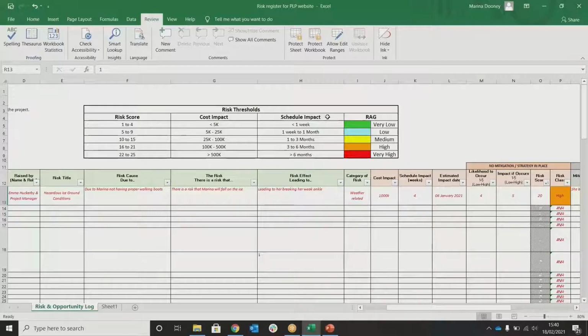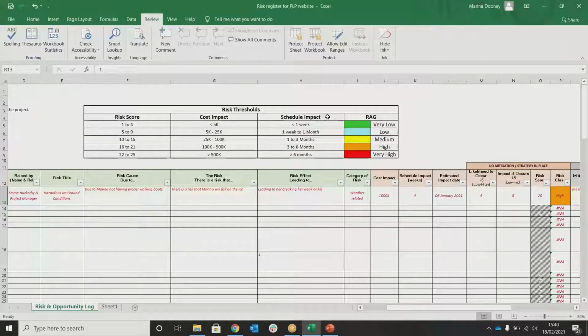In terms of the risk thresholds, if you had, say, a risk that was going to cost under 5k, but the schedule impact would be 1 to 3 months, you can just change this around and make it your own. Like I say again, every project is unique and different. Every time somebody does a project, it will be different to one that's been done before.